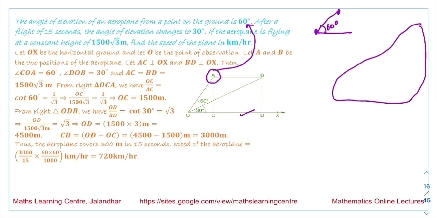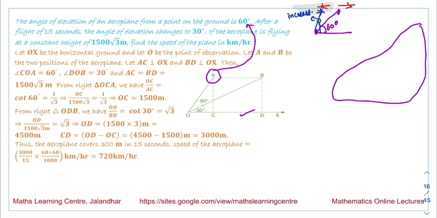After a flight of 15 seconds, the angle of elevation changes to 30 degrees. Now we have two conditions: either the aeroplane is moving in this direction or it can move in this direction. If the aeroplane moves in this direction, suppose after 15 seconds it reaches this point, then the angle of elevation will increase.